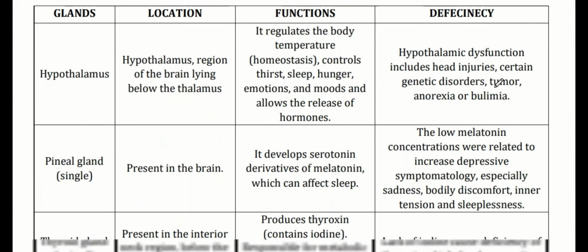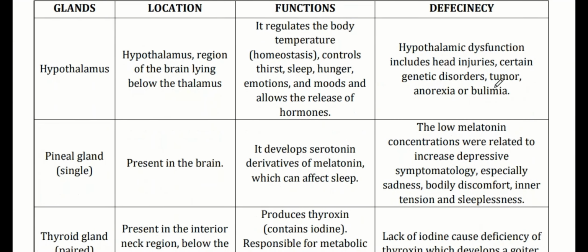The next one you can see on the screen, hypothalamus. Where is the location of the hypothalamus? It is a region of the brain lying below the thalamus. What are the functions of this gland? It regulates the body temperature. So if someone asks you which gland regulates body temperature, you can easily reply: hypothalamus gland.